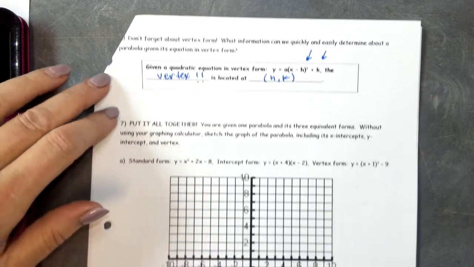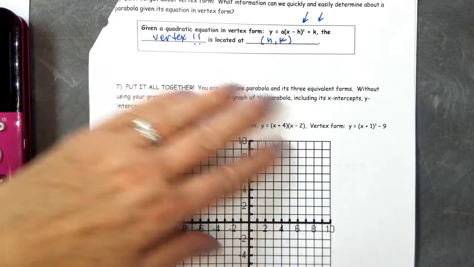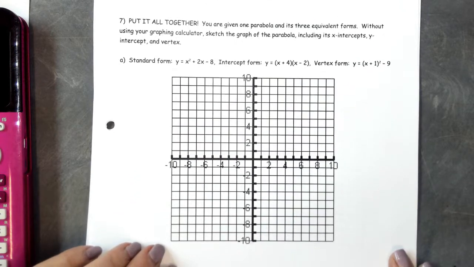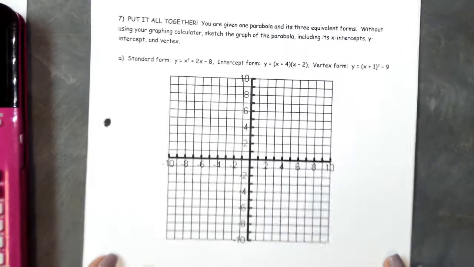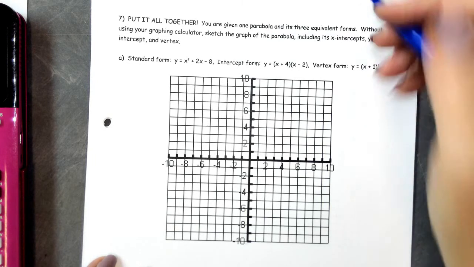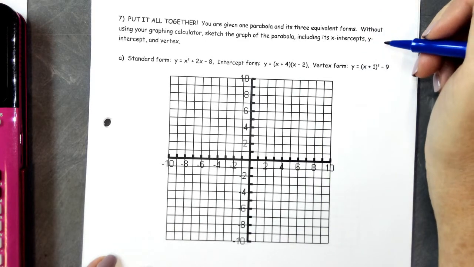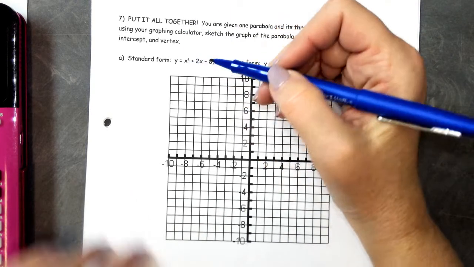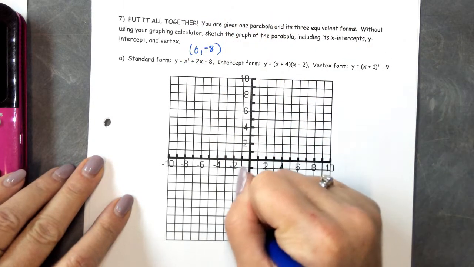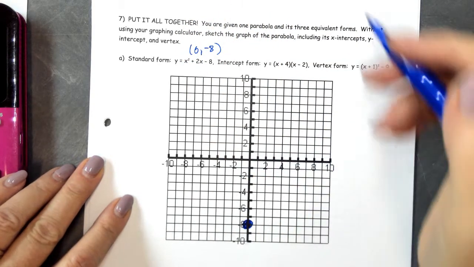Now let's put it all together. This is right off of our quiz today, so if you're having flashbacks, you're correct. You're given one parabola and its 3 equivalent forms. Without using your graphing calculator, sketch the graph of the parabola, including its x-intercepts, y-intercept, and vertex. So standard form, what can I get? I can get the y-intercept, 0, negative 8. I'm going to put that nice and big there.